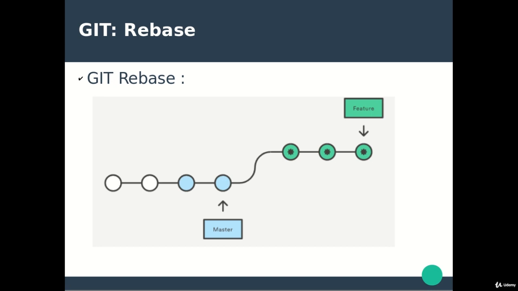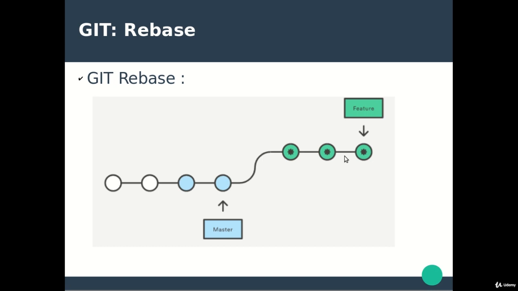It will not confuse you about which commit was done by me and which by someone else. It is very transparent: these are the changes in the master and these are the changes I have done on my feature branch. That's quite simple. That's called the Git rebase.